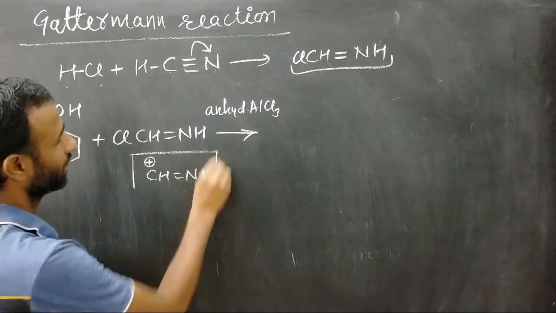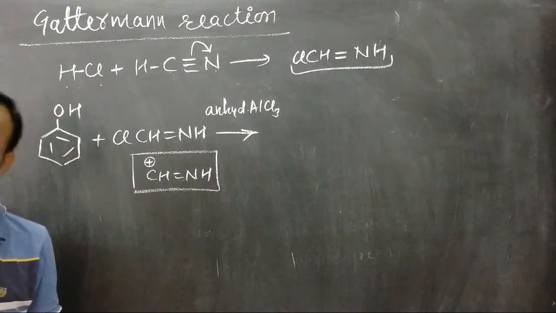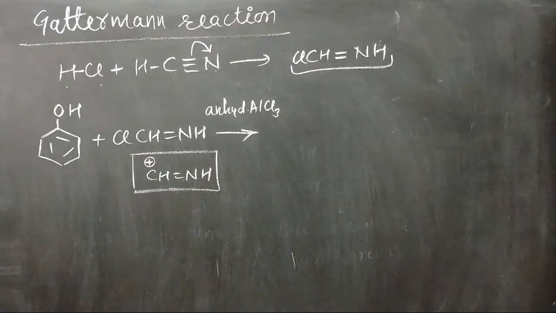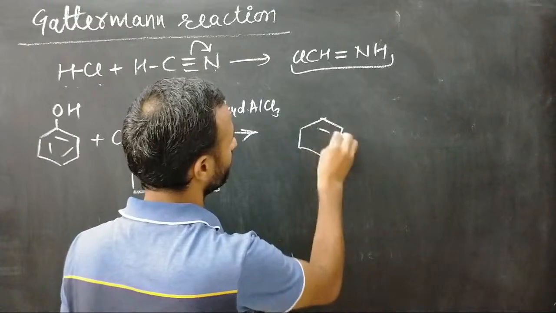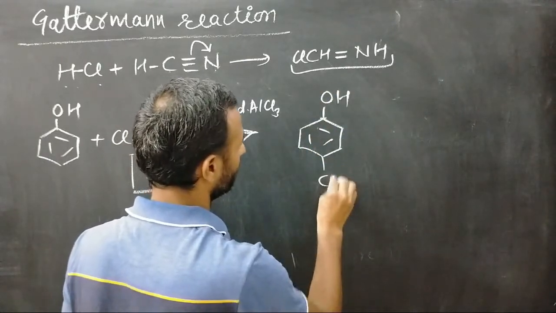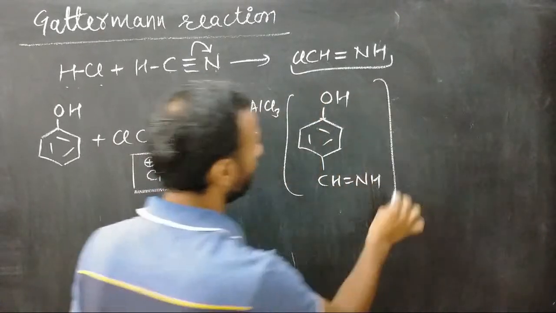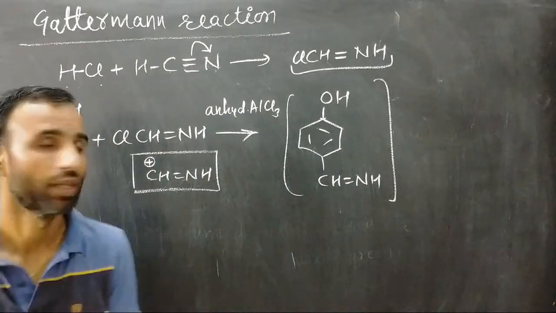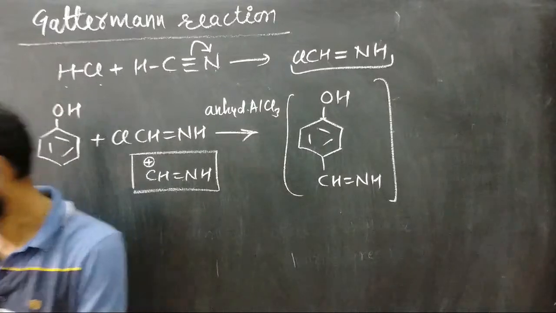This, as an electrophile, will attack on the phenol. When it attacks, the major product formed is this one, benzene ring with OH and CH double bond NH.